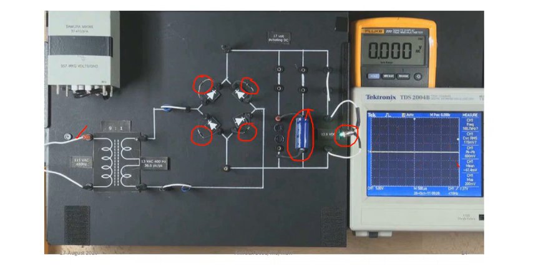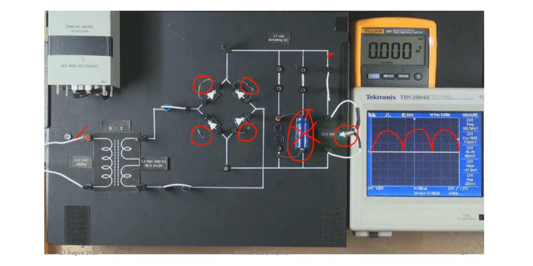Now when the capacitor is not present, if you put the probe here, then what will you see? You will see maybe this kind of a ripple, pulsating DC.